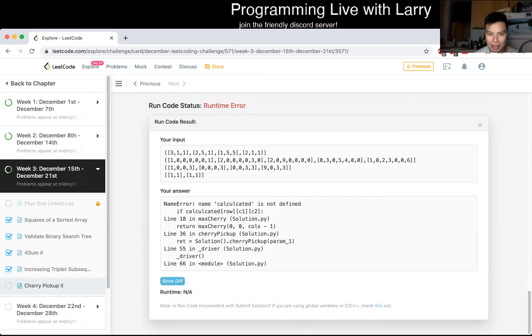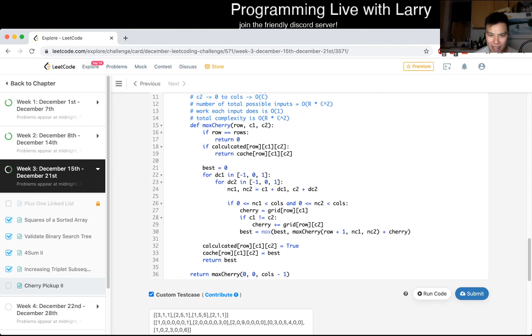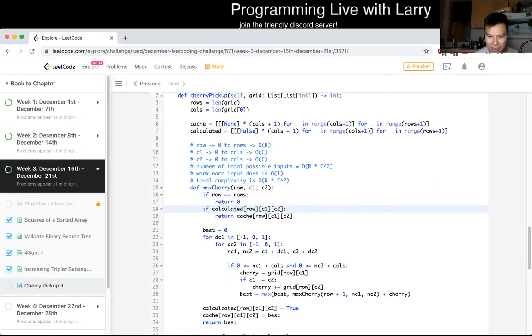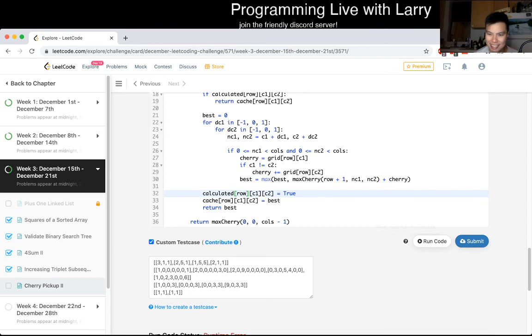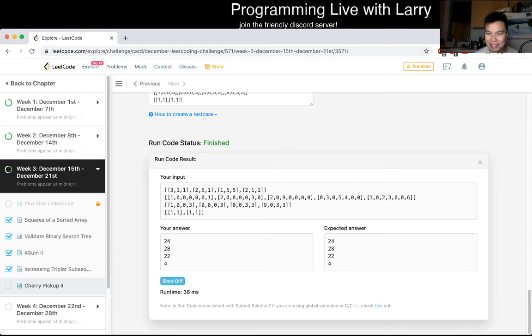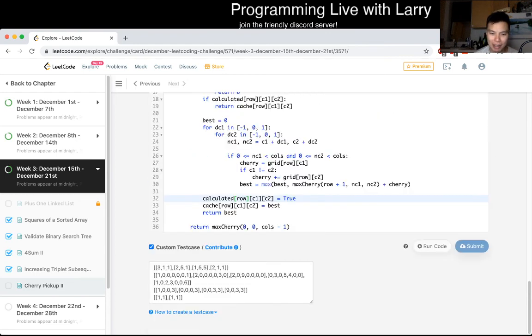Ooh, one error. Oh, I can't spell, that's all. Calculated? I don't know how to spell calculated. Did I spell that incorrectly? Calculated. Yeah, okay. That's hard. I mean, it's slightly faster, but it's going to scale way better, obviously.